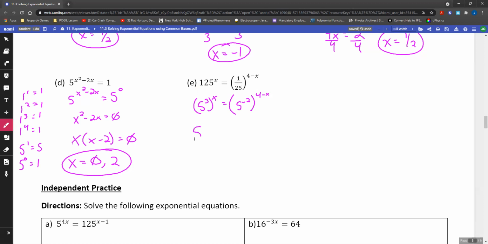So fixing the exponents with the power rule, we get 3x over here, and we end up getting -8 plus 2x. So setting these exponents equal to each other, subtract the 2x, and I get x equals -8.